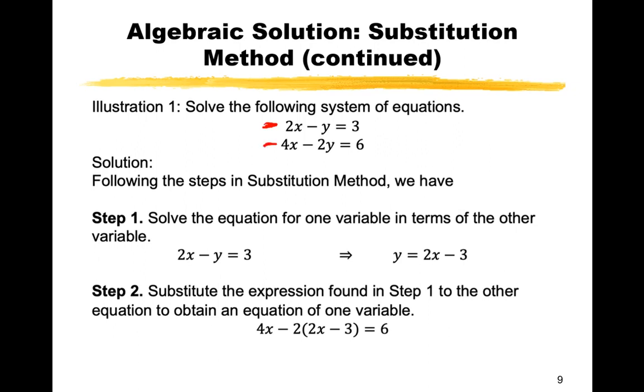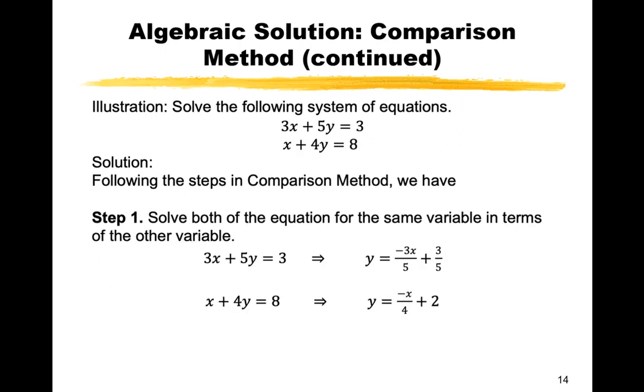Whereas sa comparison naman kasi, ang tinatransform mo ay parehas na equation. Then, i-relate mo yung whatever na equation mahahanap ninyo by equating these two expressions. So, I hope that clears up yung difference ng comparison sa substitution method.